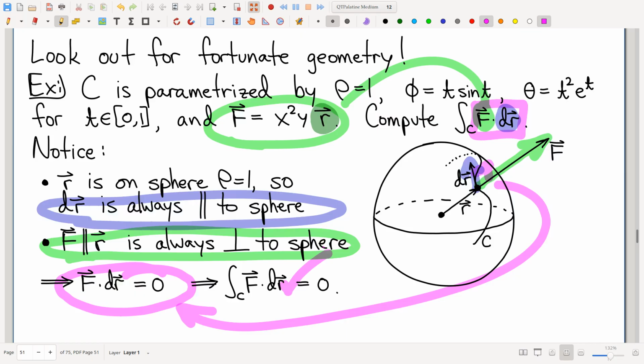When we study physics and engineering, we tend to study natural things. And natural things tend to include natural shapes. Spheres come up a lot. Right? Vector fields that are radial come up a lot. This is not that rare. Right? So this kind of thing where the geometry just, oh my gosh, look at that, its answer is 0.